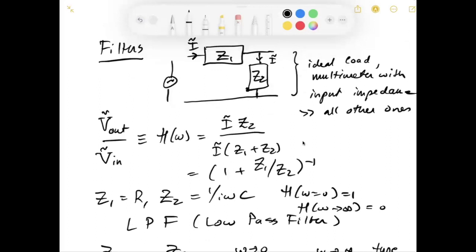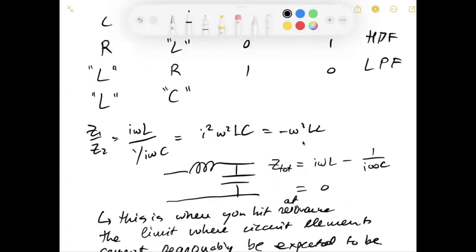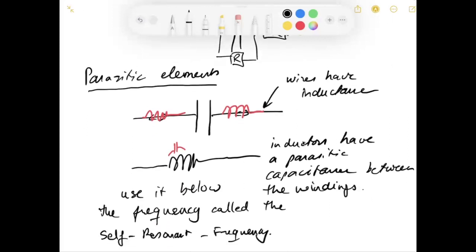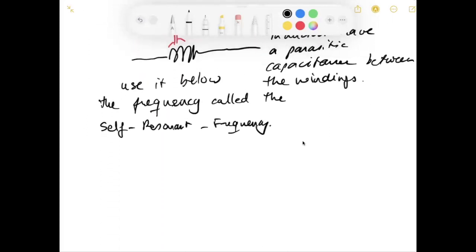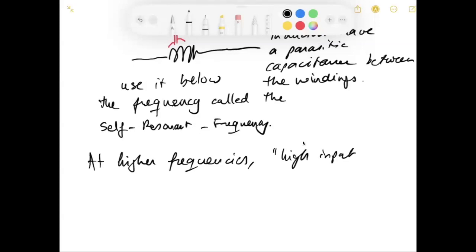When you go to really high frequencies, that's really not realistic, because usually what you do is if you have some kind of a wire and you have a source, high input impedances cause reflections.